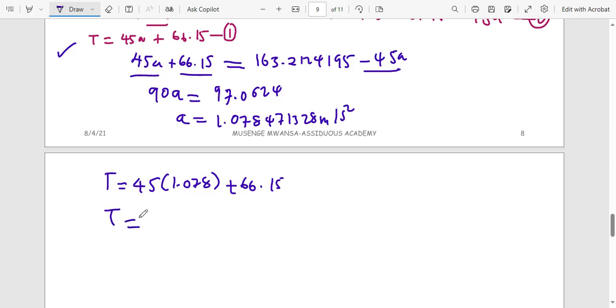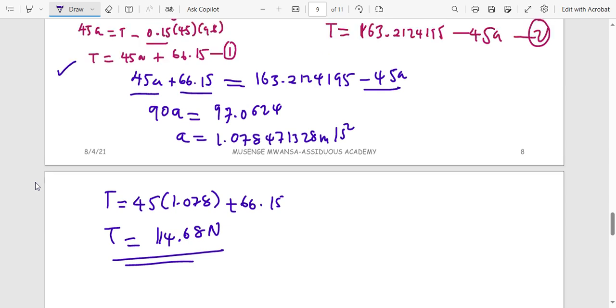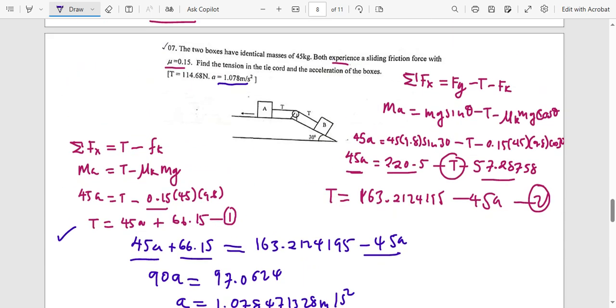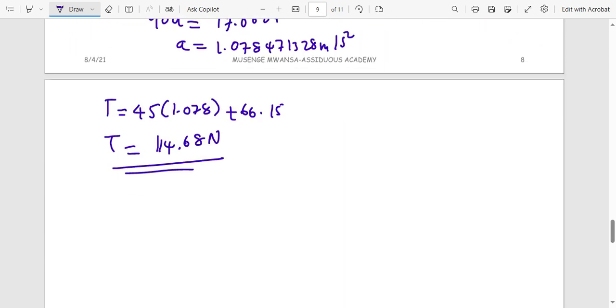The tension is going to be this 1.078 times 45, and then my plus 66.15, that has given me 114.68. Tension is force, this is newtons, so that's 114.68, so we can confirm that.